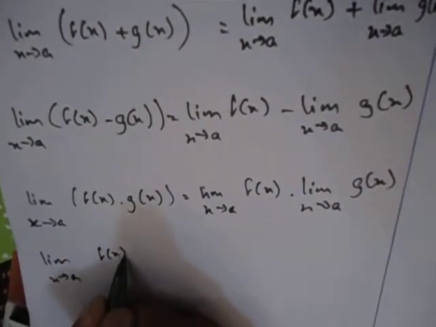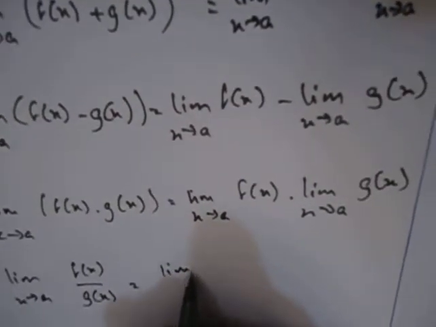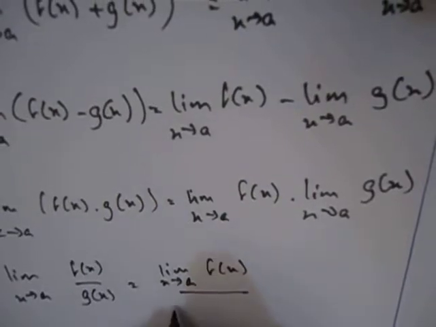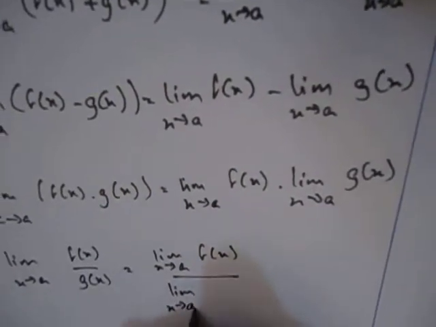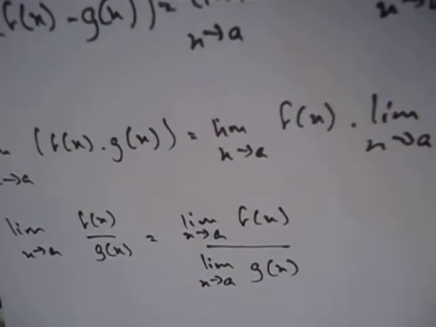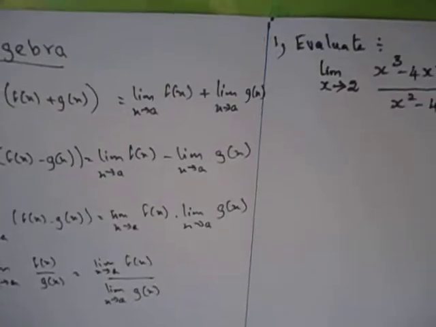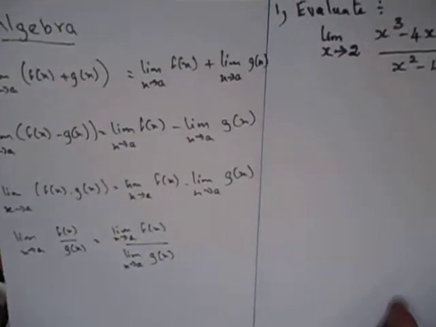So f of x by g of x, we can split in the denominator as well as the numerator. So limit x tends to a g of x. So we can basically split all the limits across the arithmetic operations.